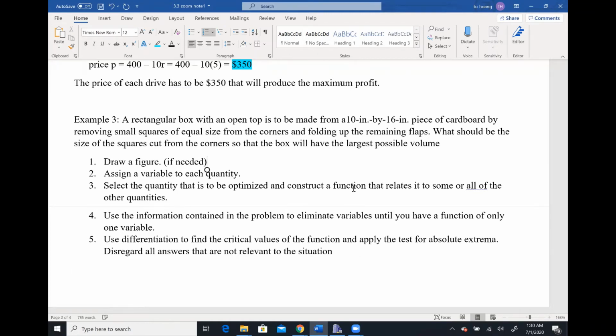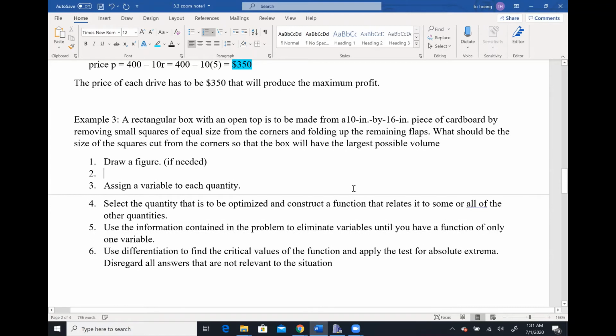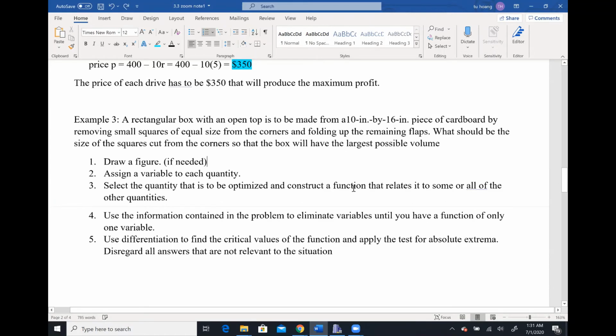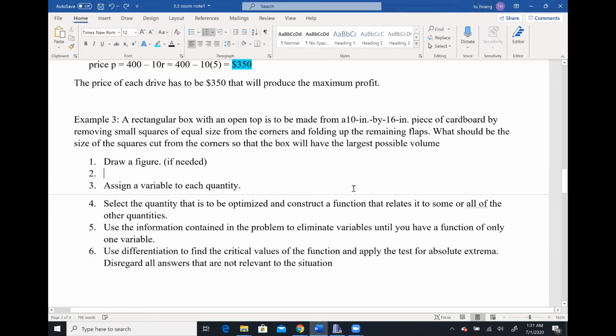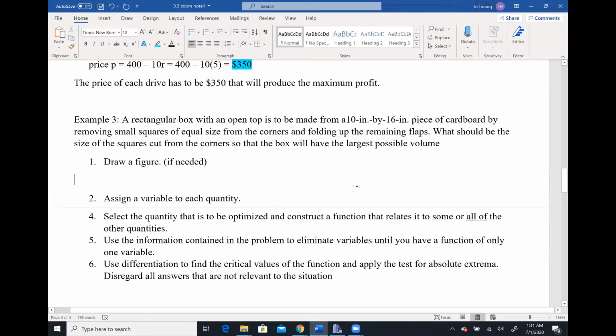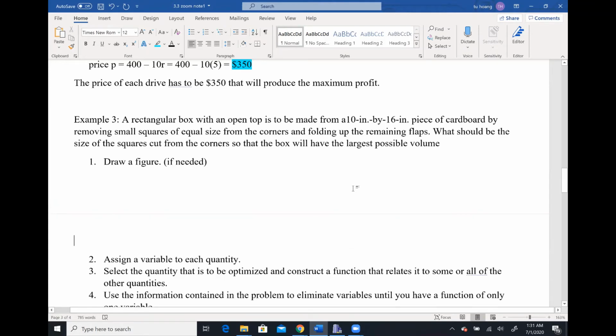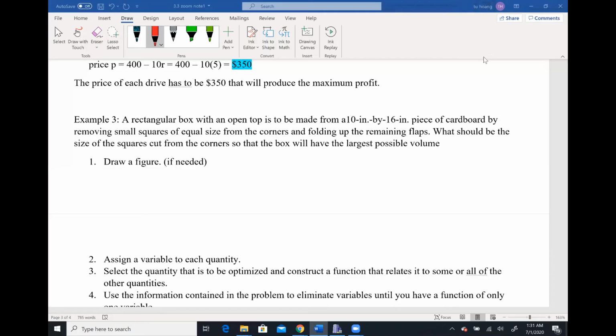Okay, so this is totally a geometry problem, and I need to draw a figure of that, right? Let me move this down. I'm going to say rectangular box.